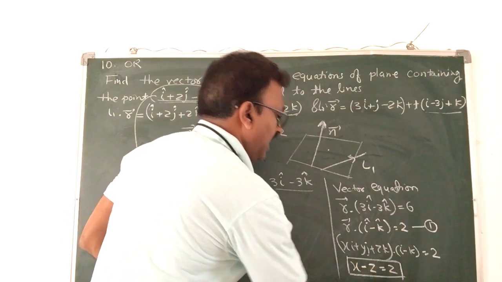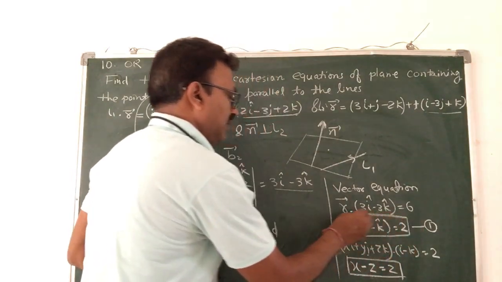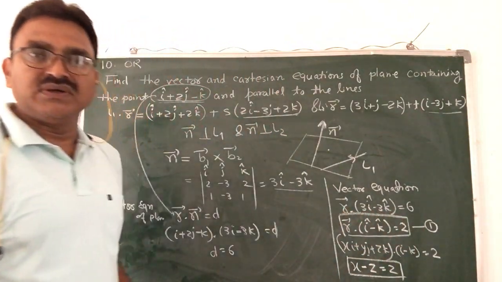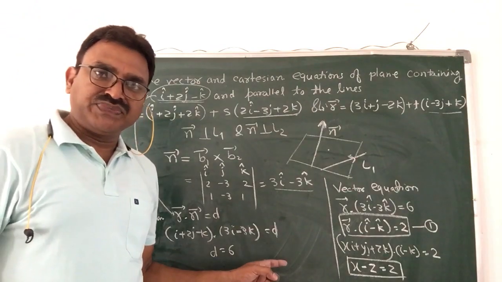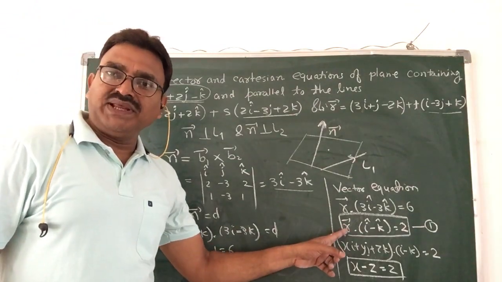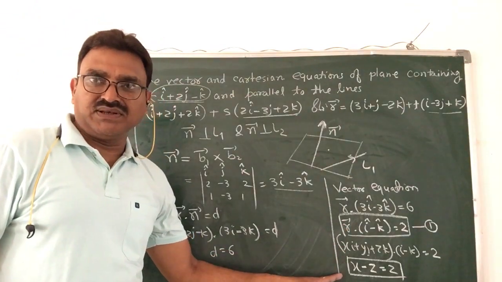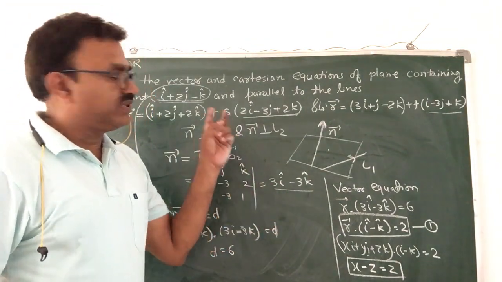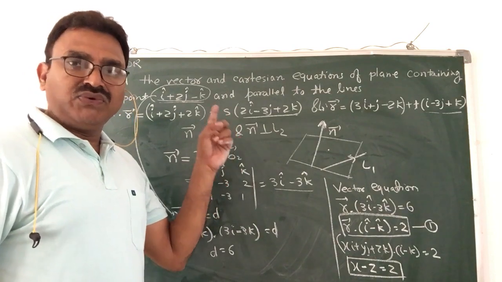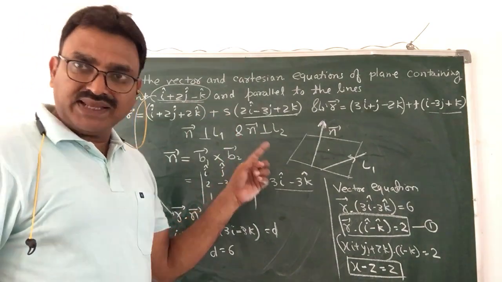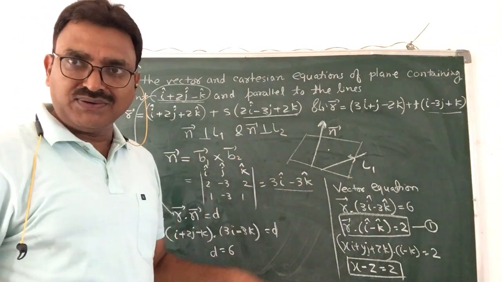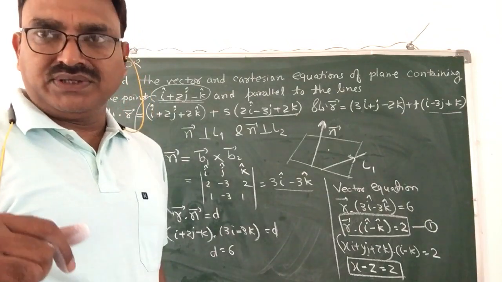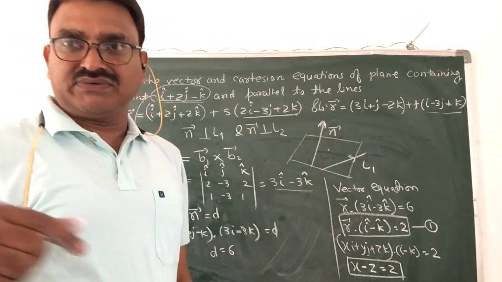So this and this are the answers of this question. This is the vector equation of the plane, and this is the Cartesian equation of the plane. It is also a very important part of the equation of a plane: if we know one point and the lines which are parallel to the plane, we can find the vector equation. Thank you.